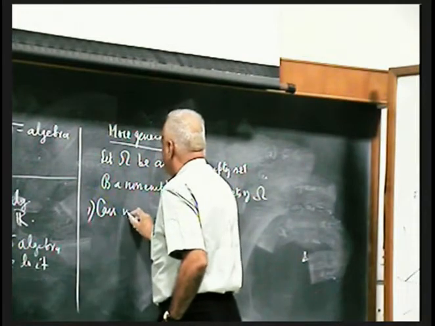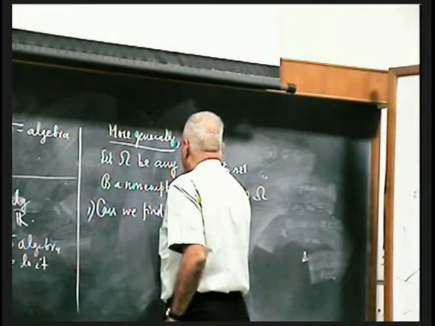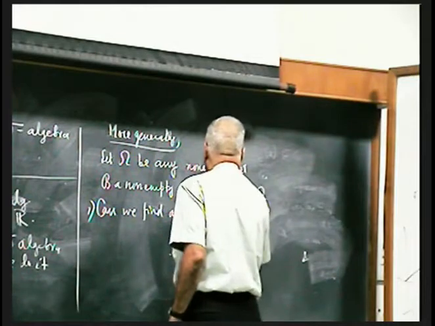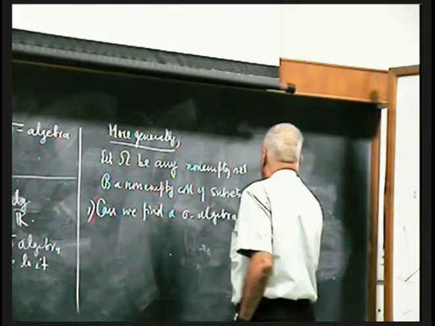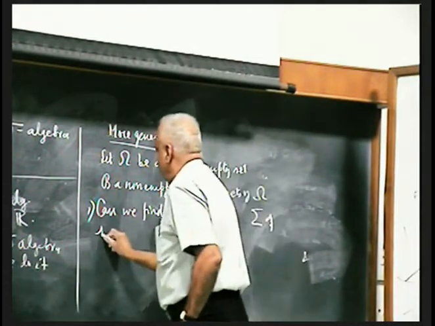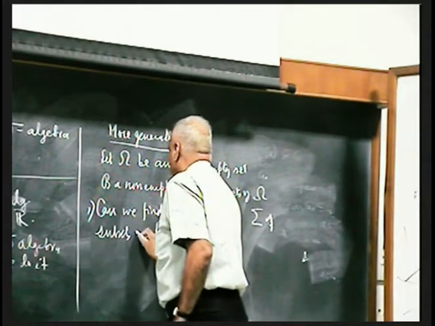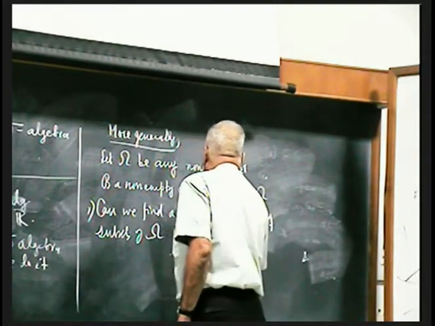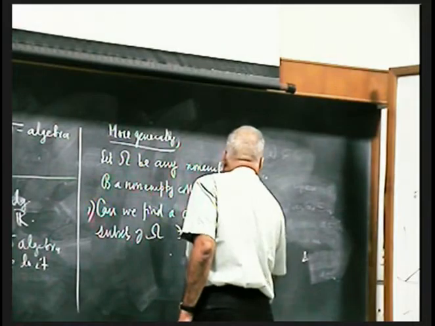Question 1: can we find a sigma algebra, let me call it Ω sigma, of subsets of Ω such that B is contained in Ω sigma?